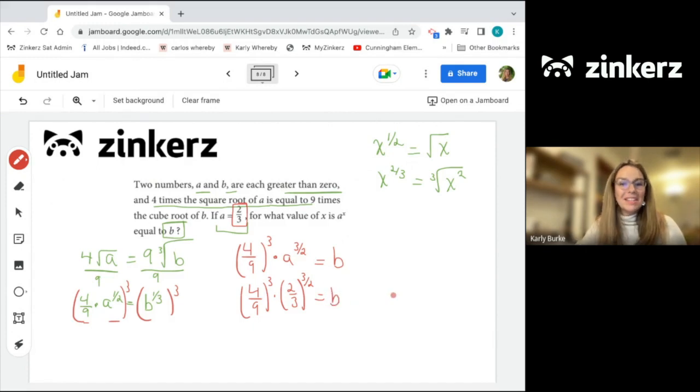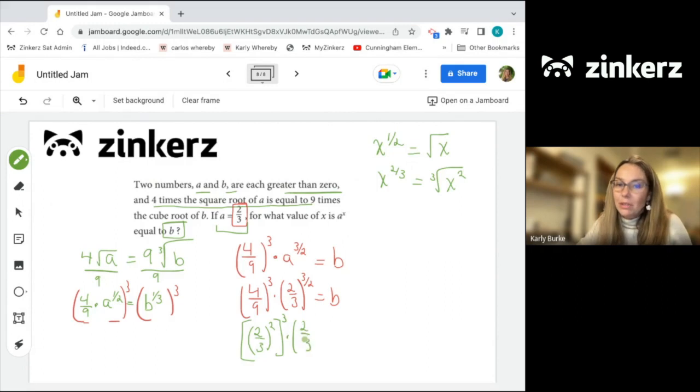A lot of people get stuck here. Do you know why? Because I can't combine these if they don't have the same base. But they do have something in common. 4/9 can actually be written as 2/3 squared. And that is being raised to the third. So I'm going to rewrite this whole thing.